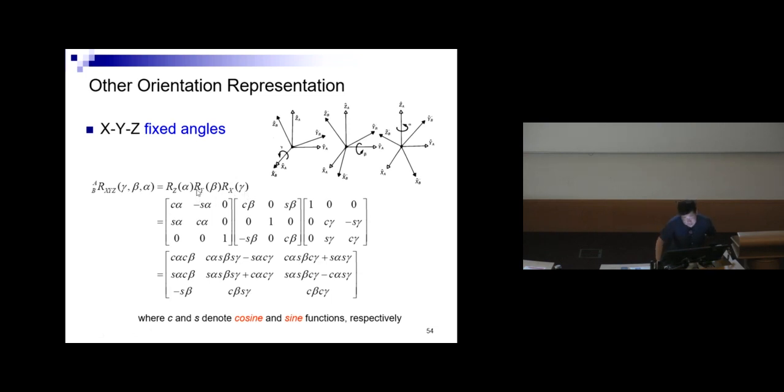If you rotate along the fixed axis of y, you have Ry beta. And if you rotate alpha along the fixed axis of z, you have Rz alpha. Yeah, the sequence of rotation: I rotate x first, followed by y, so this is the first rotation, then multiply by y, then multiply by z. So it's always this sequence.